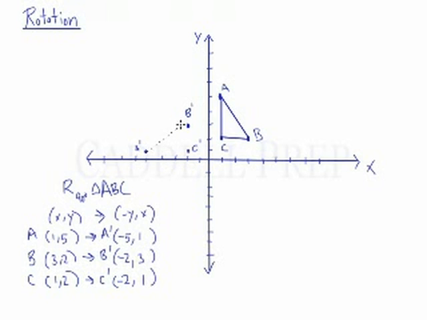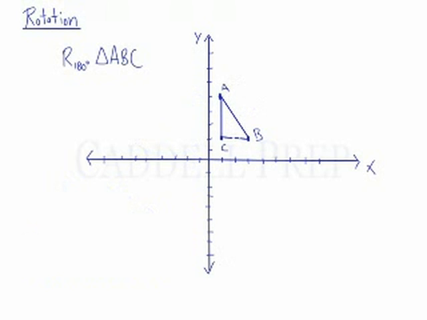So then we could graph our triangle. And now we have the image triangle A'B'C' of triangle ABC when we rotate it 90 degrees.